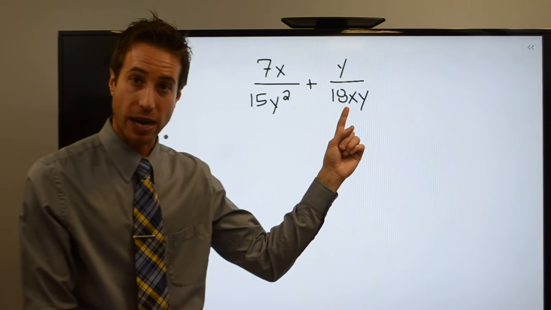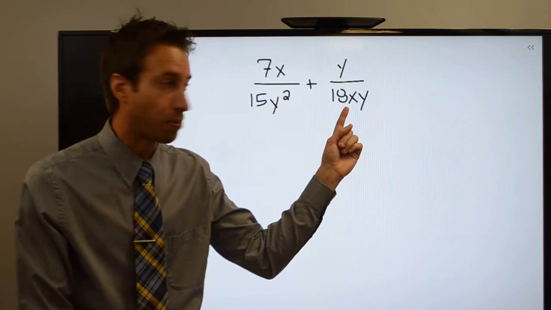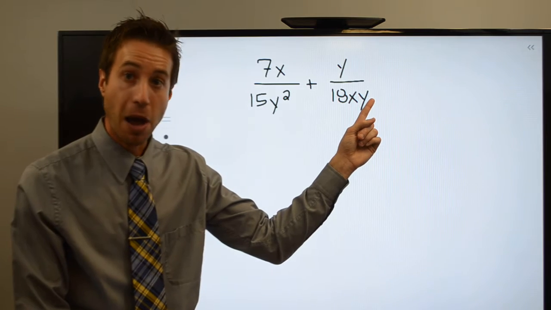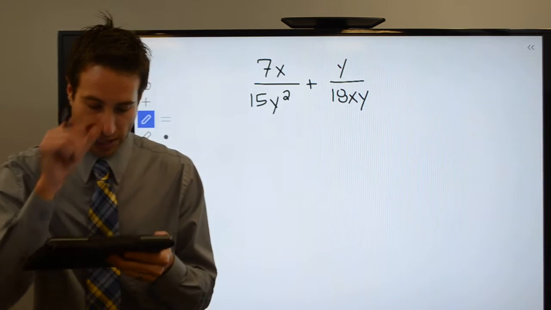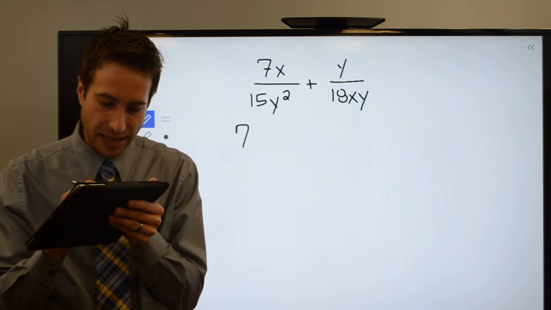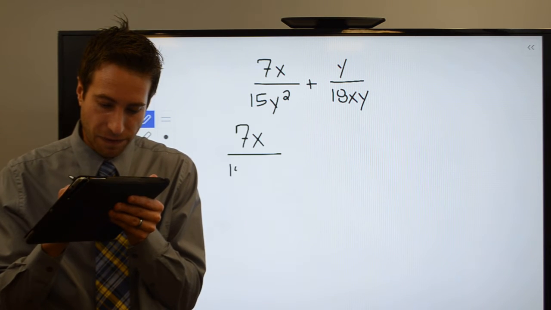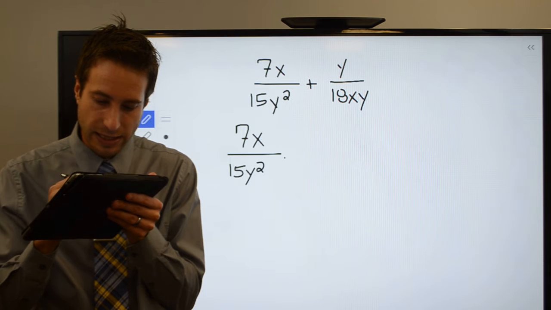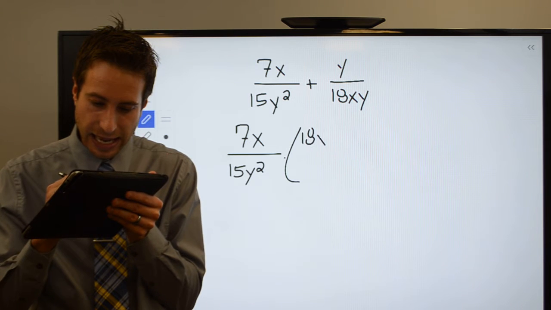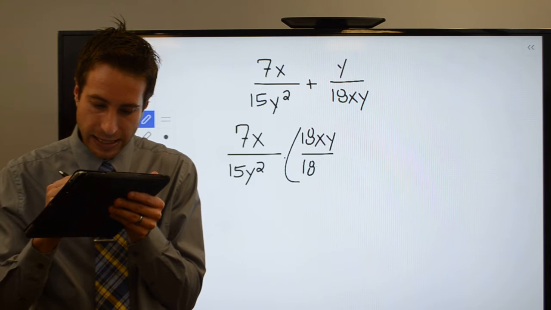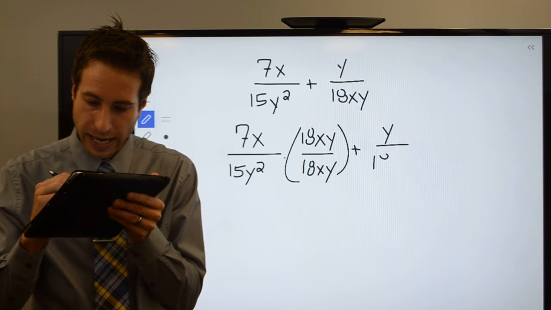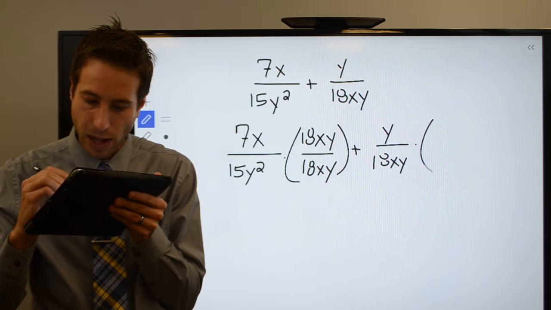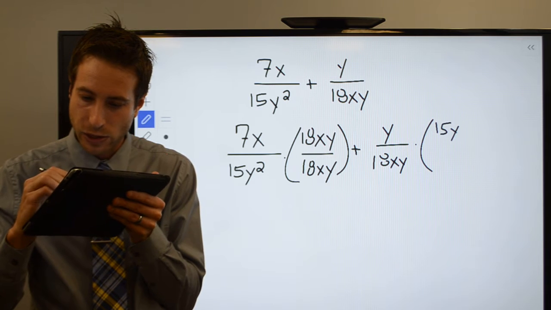I'll take the second rational expression and multiply top and bottom by the denominator of the first. Let me show you what it looks like. You will have 7x over 15y squared times 18xy over 18xy, plus y over 18xy multiplied by 15y squared over 15y squared.